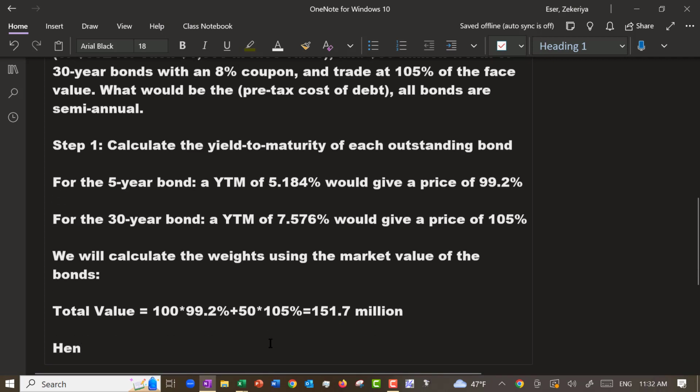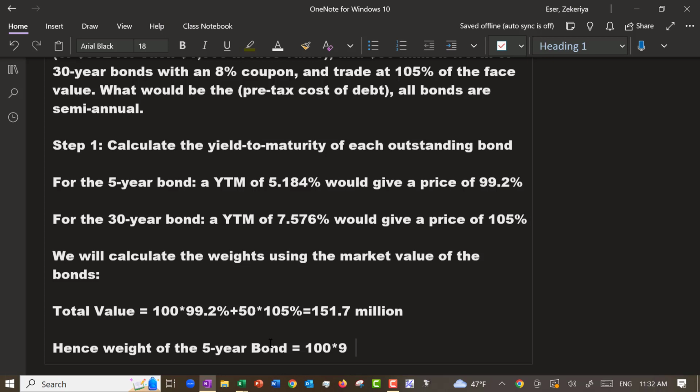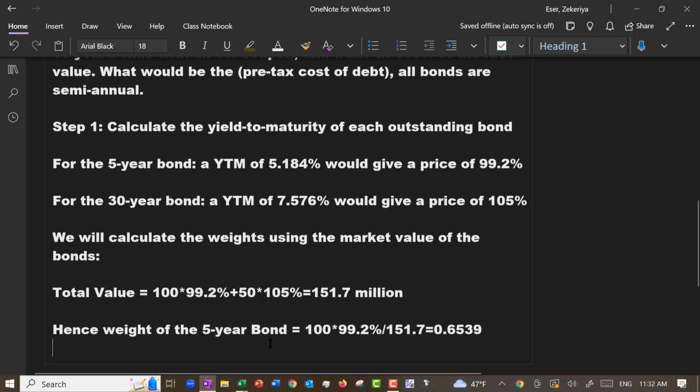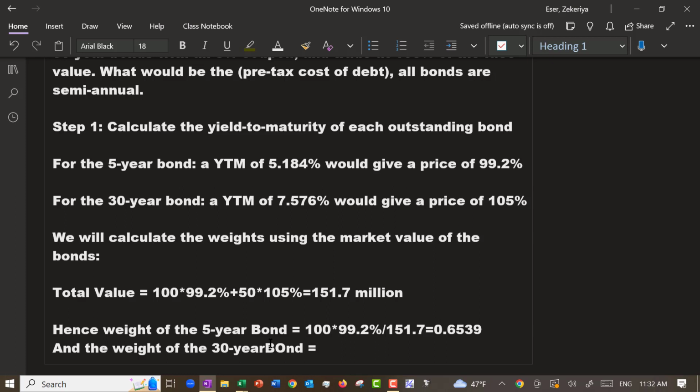Hence, rate of the 5-year bond equals, I have 100 million at 99.2% divided by the total value, and the rate of the 30-year bond I can simply do 1 minus.